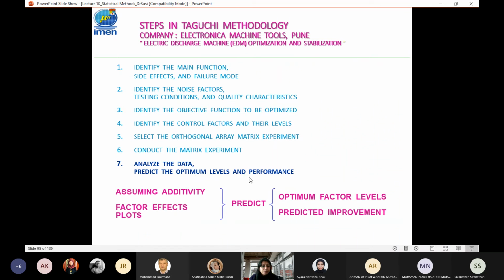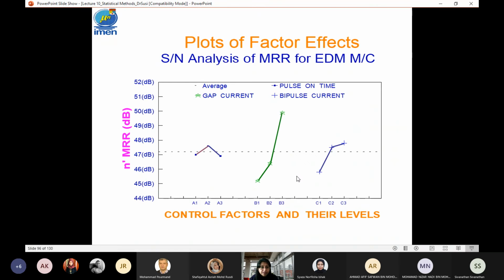And you analyze the data, you predict the optimum levels and also the performance. So let's look at the data. This is for A1, which is the pulse on time, B is the gap current, and C is the bi-pulse current. In the Taguchi method, the larger the SNR value, the better is that level.